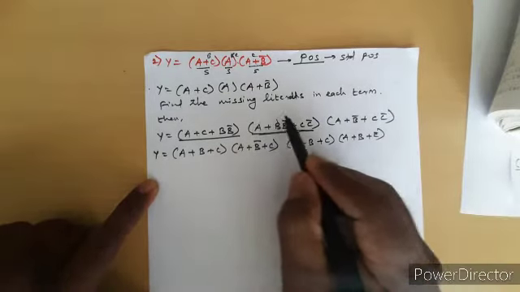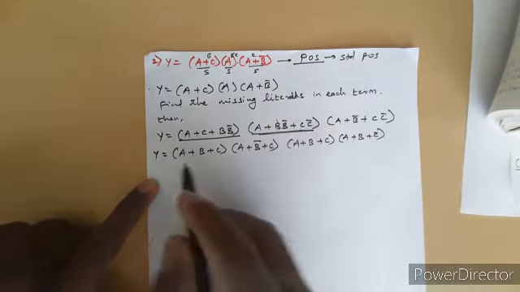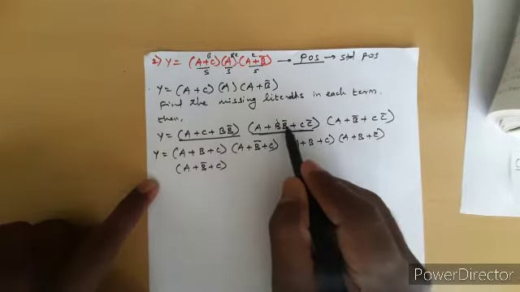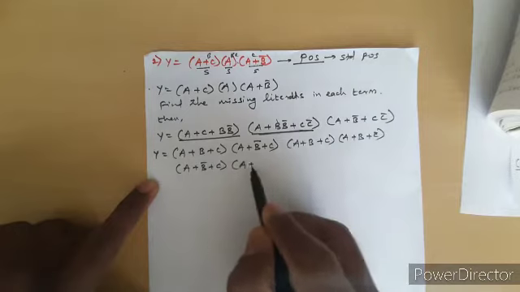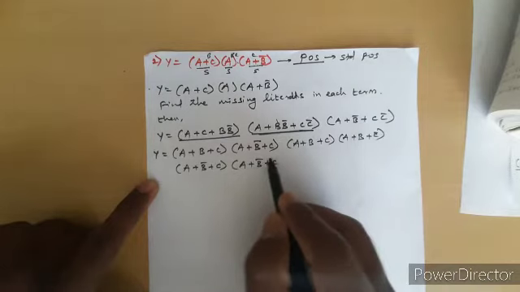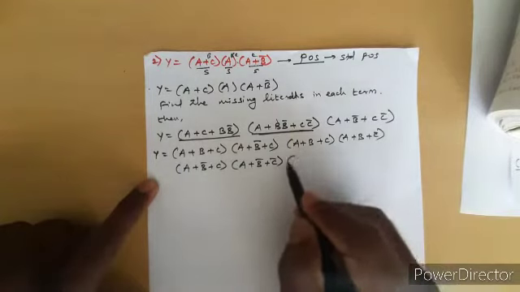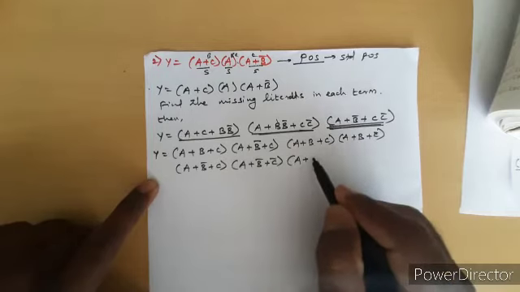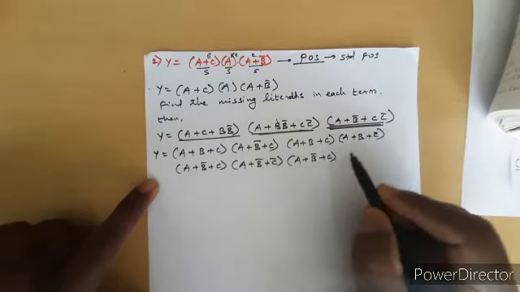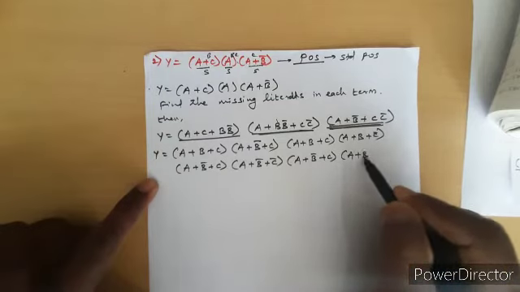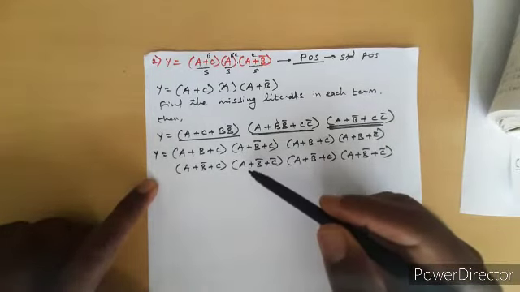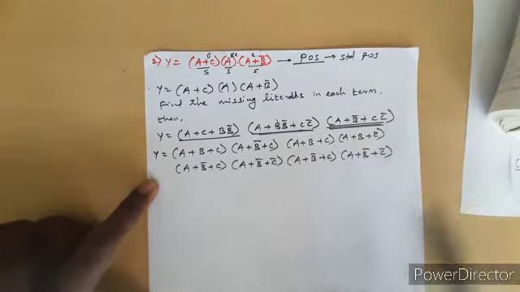I have done this b, now I need to go for b bar. So it is a plus b bar plus c, a plus b bar plus c, and a plus b bar plus c bar. Then considering the third term, it is a plus b bar plus c and a plus b bar plus c bar. This is how you can write down the next step to convert this into standard POS form.